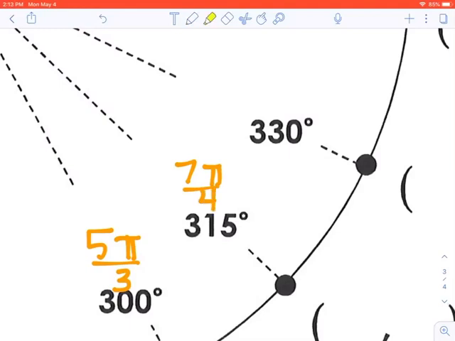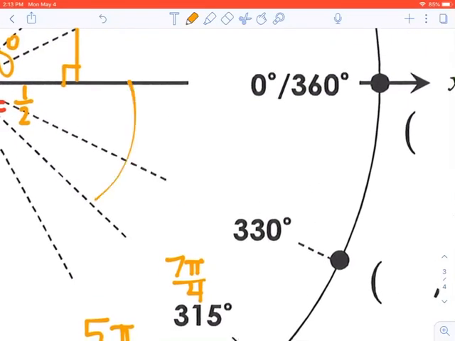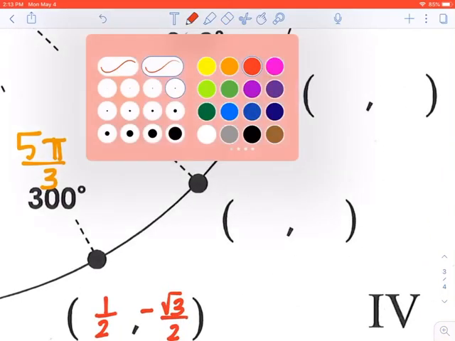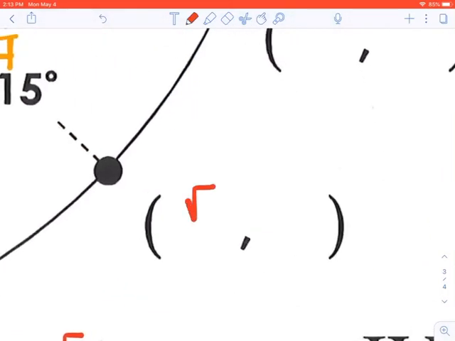All of the pi over 4's, 7 pi over 4, 5 pi over 4, 3 pi over 4, are all 45-degree reference angles. 315 to 360 degrees is 45 degrees, and so our 45-degree point from quadrant 1 is root 2 over 2, root 2 over 2, but we are in quadrant 4 now, so the y is negative.